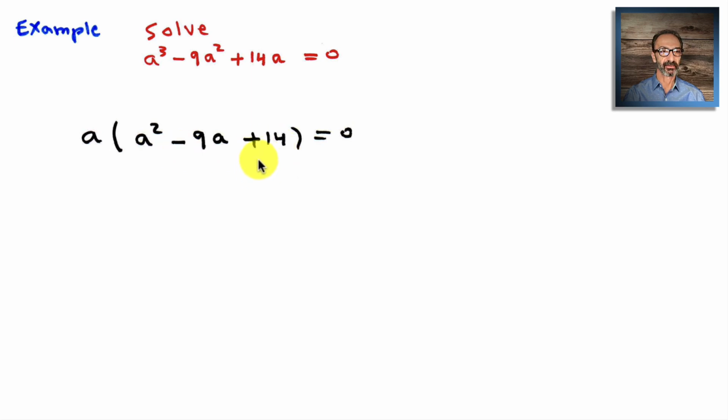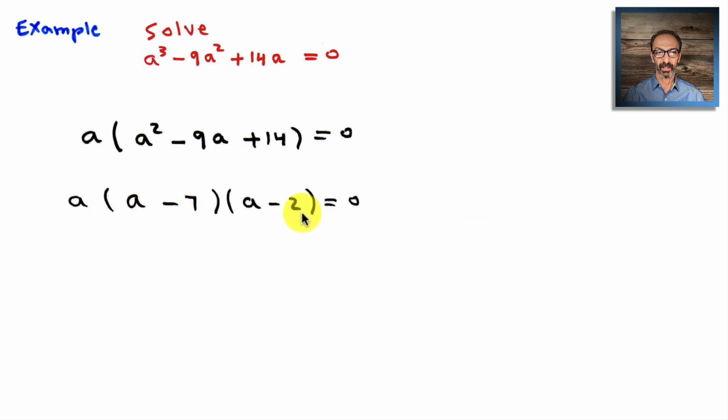To do that, just regular factoring technique, two sets of parentheses for this part. 14 comes from 2 times 7, both negatives to give you positive 14, and negative 7a and negative 2a will add up to negative 9a, so we are fine. That's how we factor it.